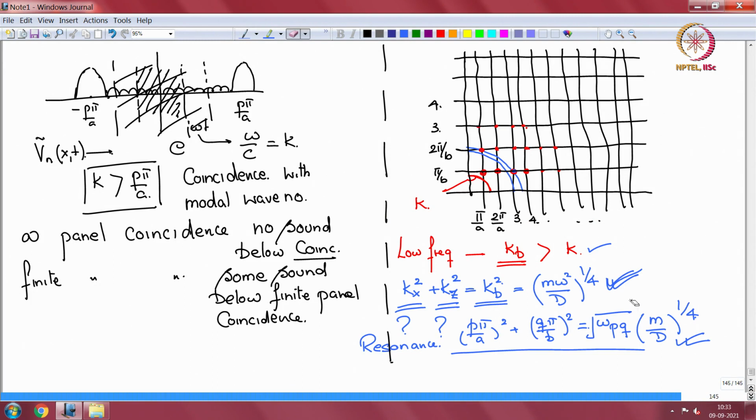Sorry, my mistake here. So this is KB squared. Okay. So this is half, and therefore this is omega PQ, and this is also half. Okay, please note here.